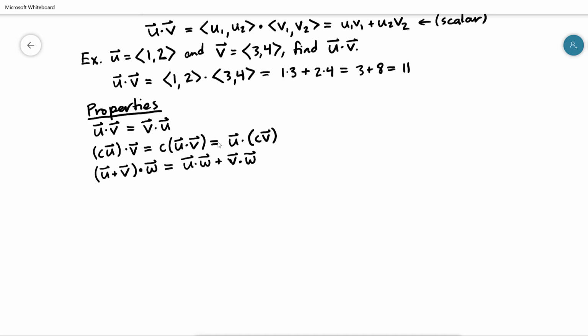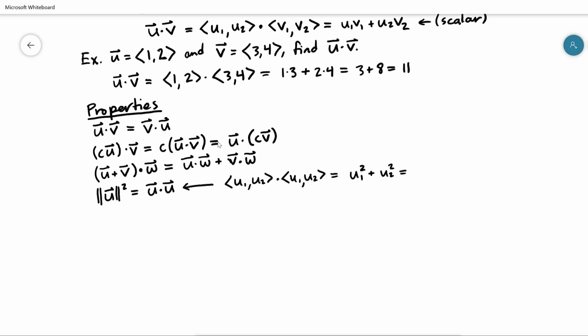And one other important thing, this goes back to the idea of a magnitude of a vector, which we talked about before. I did, I think, double lines for this. So if I want to think about the magnitude of a vector squared, it turns out I can do that by doing u dotted with itself. Because if you think about it, u dotted with itself, I would have u1, u2 dotted with u1, u2, and you get the first two terms times each other, so u1 times itself, u1 squared, plus the second terms times each other, u2 times u2, or u2 squared.